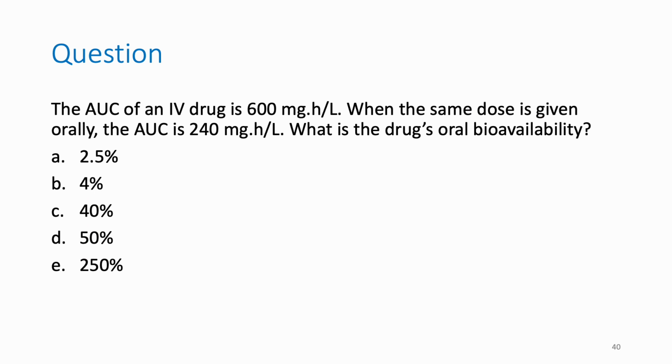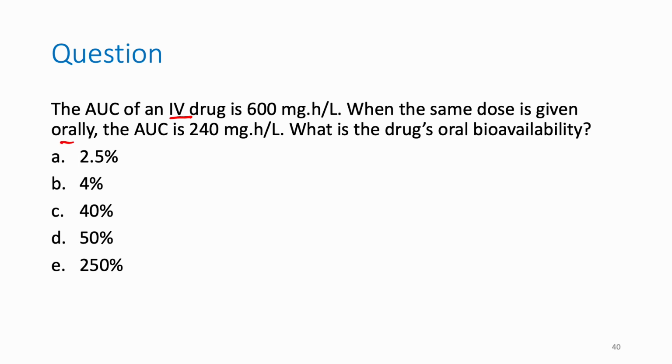Next question. The AUC of an IV drug is 600 milligram times hour per liter. When the same dose is given orally, the AUC is 240 milligram times hour per liter. What is the drug's oral bioavailability? You have different choices, 2.5%, 4%, etc. So you see you have an IV drug and then another oral.